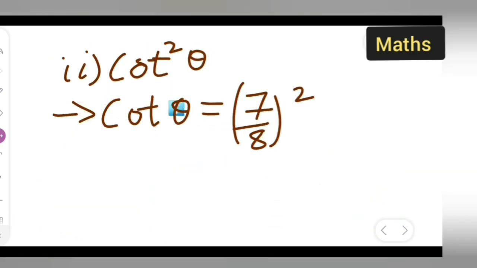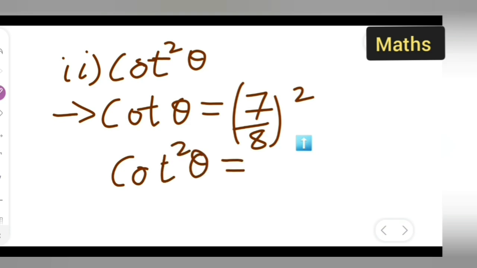So if I give this square on the other side, it will become 7 upon 8 square, right? So cot square theta means we are squaring this, so it will be nothing but 49 upon 64. So this will be your cot square theta. I hope you have understood.